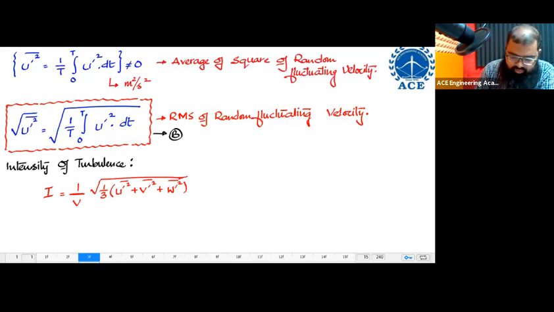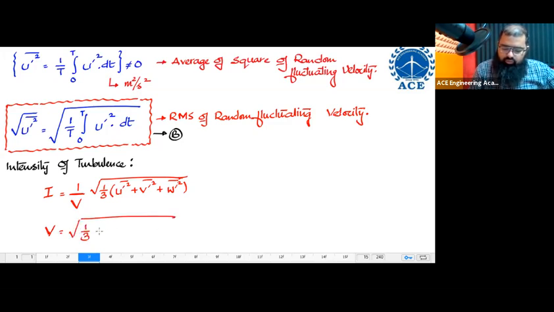This is capital V. What is this V over here? This V over here is equal to root over of 1 by 3 into U bar square plus V bar square plus W bar square. This is the value I'm going to have.